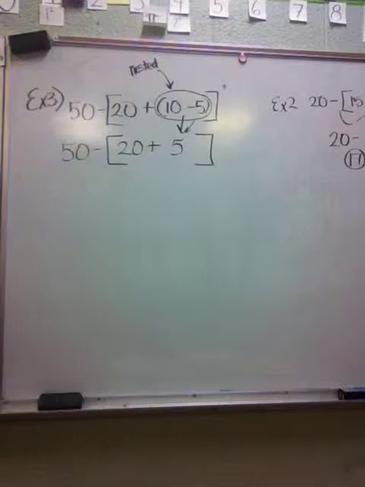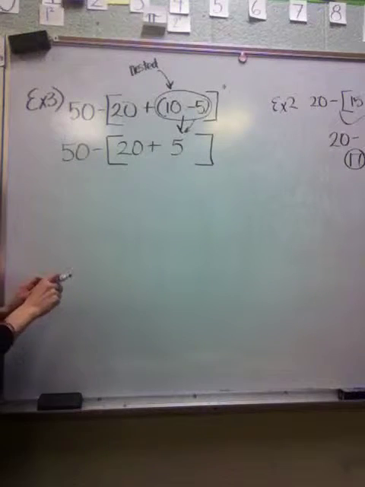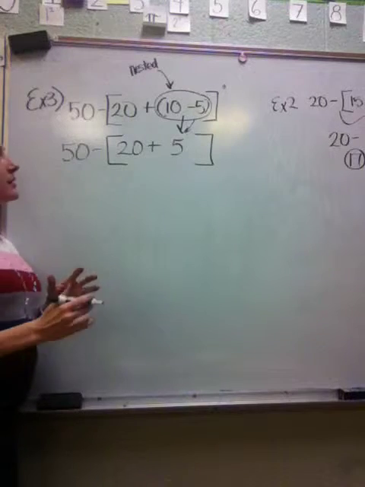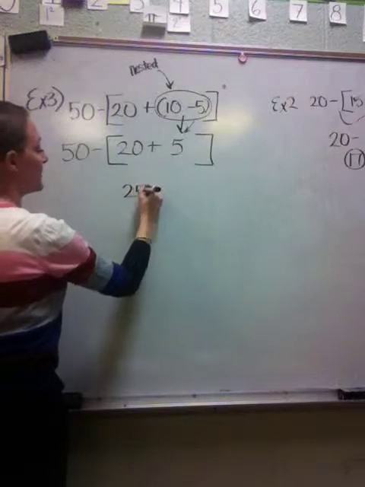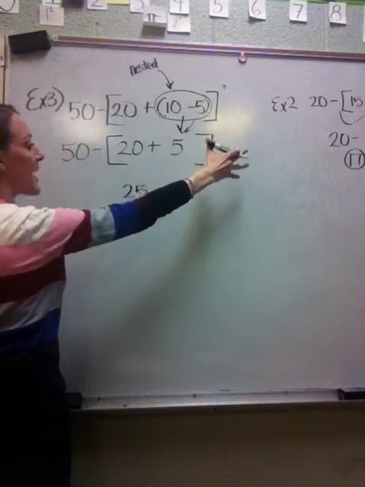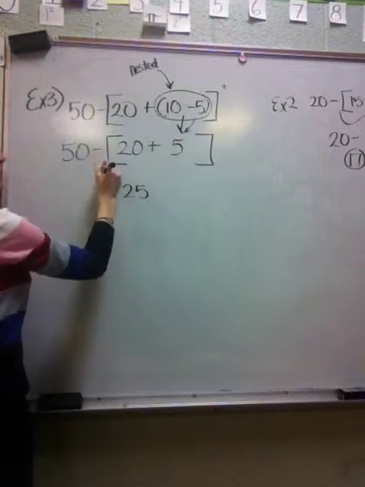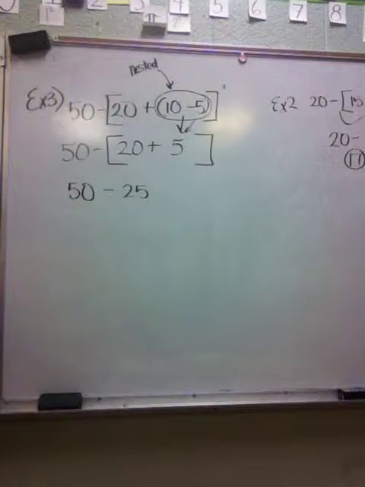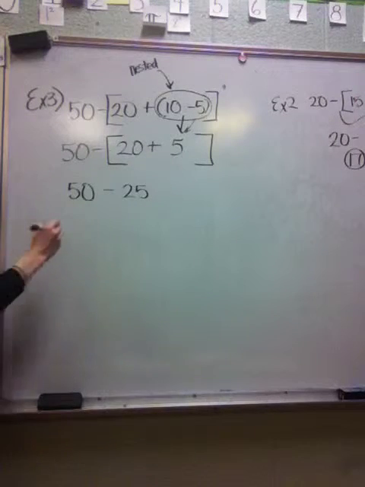This is how I want your work to look, by the way. Good habits. I'm training you guys young. All right, what do I do next, George? 20 plus 5. Good. So I have 25. Now I can get rid of the brackets. I bring down my subtraction sign, and I bring down my 50. 50 minus 25 is what, Felicity? 25.